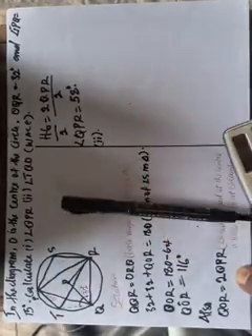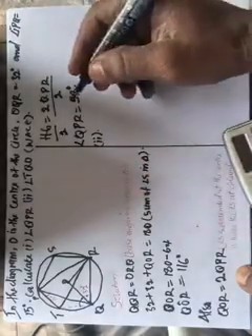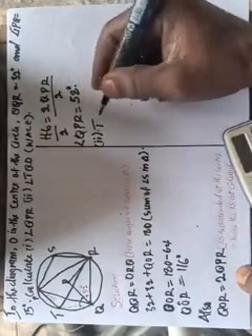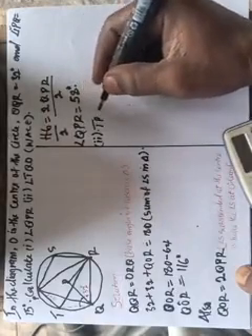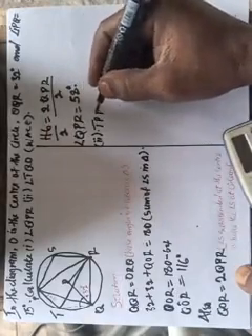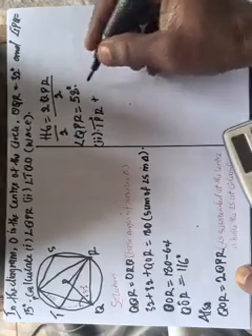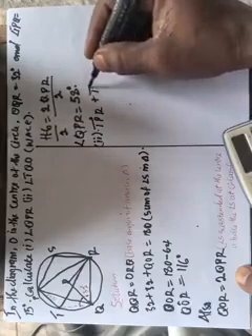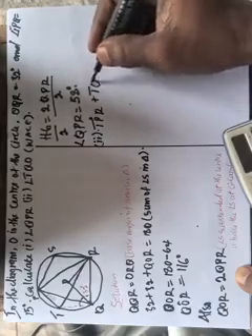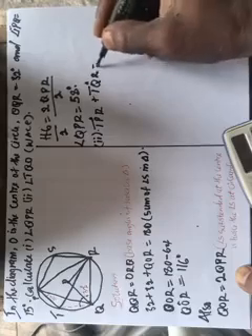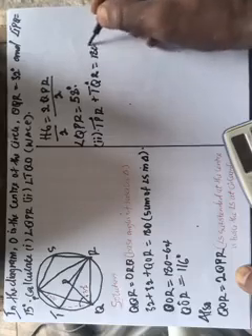So we can simply say angle TPR, angle at P, plus angle TQR, angle at Q, equals 180.